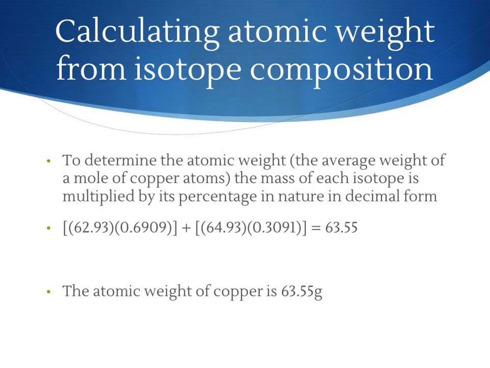So we'll do the same thing. We convert the percentage to a decimal form and multiply it by the atomic mass, and with sig figs you end up with 63.55. When we look at the atomic mass, it's 63.55 AMUs if you're doing atomic mass units, or grams if you're doing atomic weight.